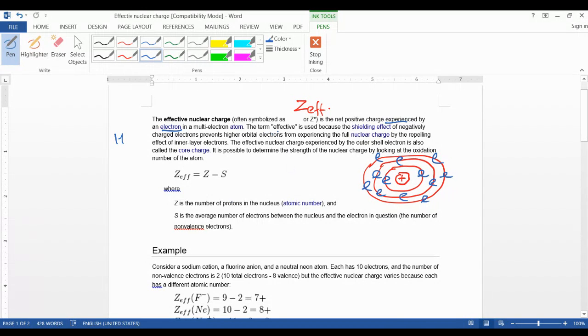The term effective is used because of the shielding effect. You know the shielding effect, just like you have an umbrella, right? I'm very bad at drawing.